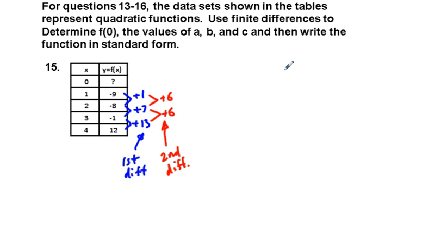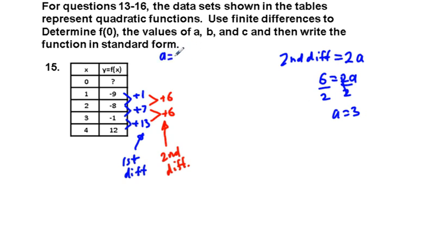So again, like we did earlier, we said second difference equals 2a. So therefore 6 in this case equals 2a. So divide by 2, we have a is equal to 3. So I'm just going to put it up here. A is equal to 3.